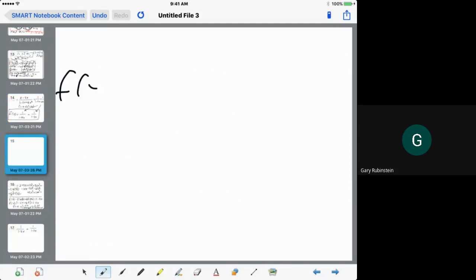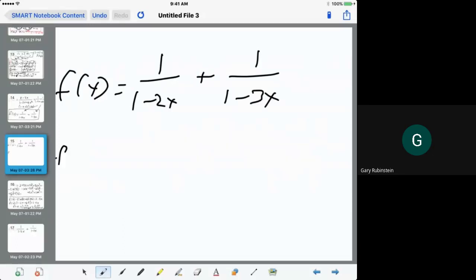F of x equals 1 over 1 minus 2x plus 1 over 1 minus 3x. So what does 1 over 1 minus 2x, what are the first 3 terms, or the first 4 terms of that expanded back into an infinite geometric series? What's A and what's R?